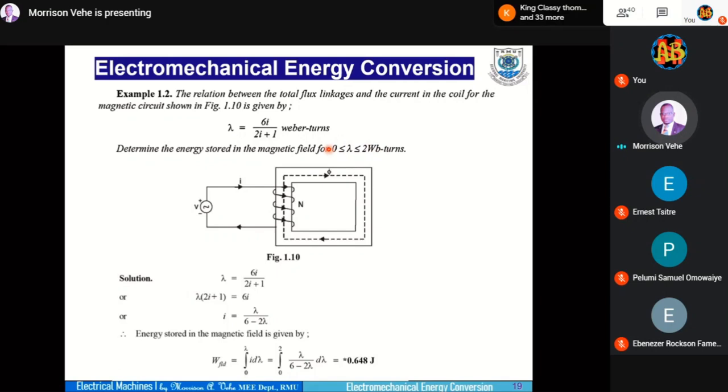So basically, you have been given a range. Once we're talking about energy, you look at what is happening within some area, some time period. Because of that, you would want to integrate.